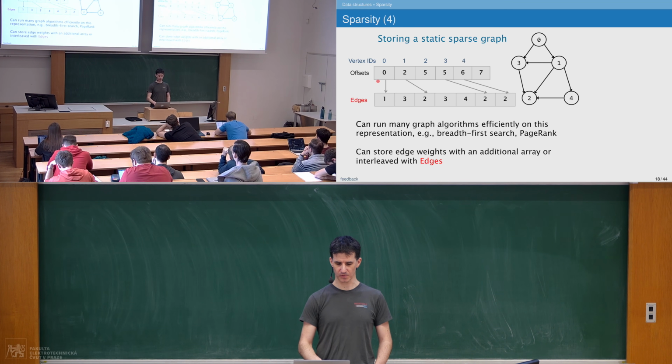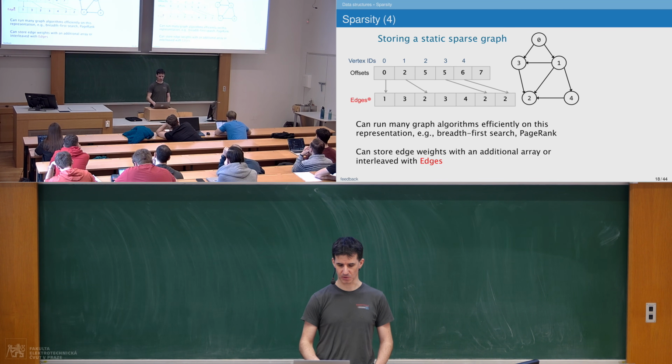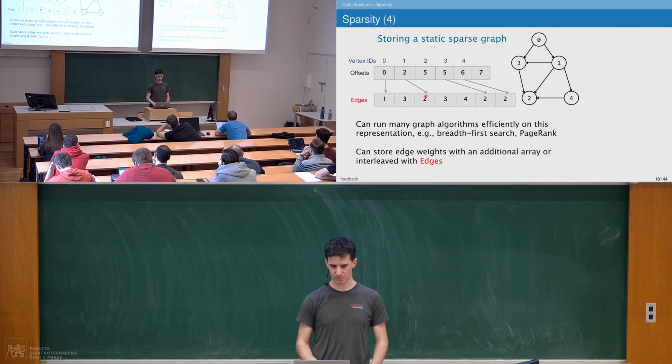So if you go here, this is vertex ID 0, and you will see those two numbers are the node numbers where the edge is going from 0. So it's 1 and 3.